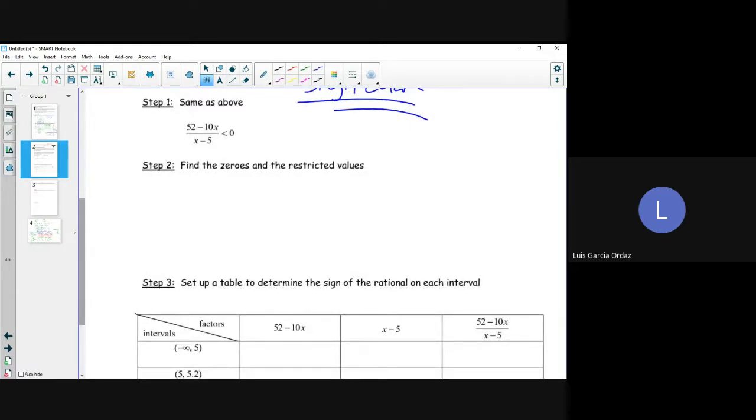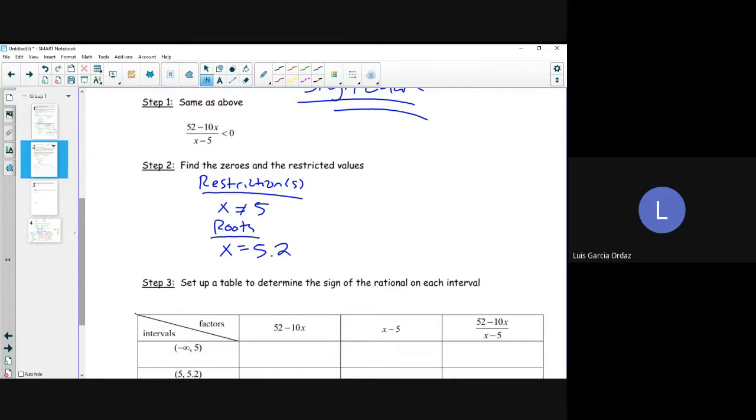So we said our restriction was that x could not equal 5, and we said our root was where x is equal to 5.2. Okay? So now this handout does the sign chart for this question a bit differently than I do.